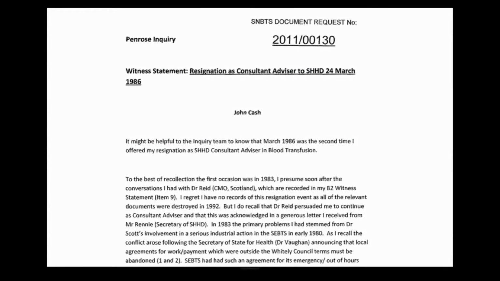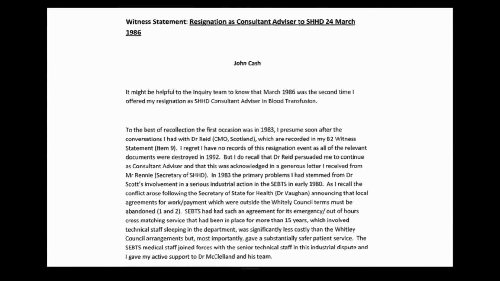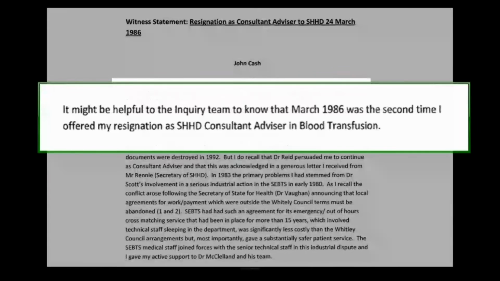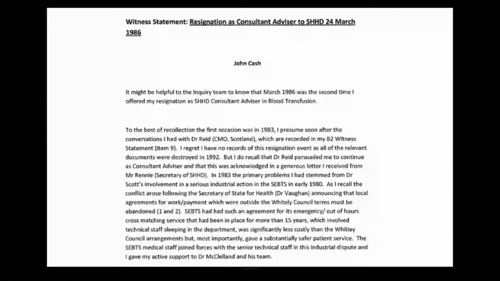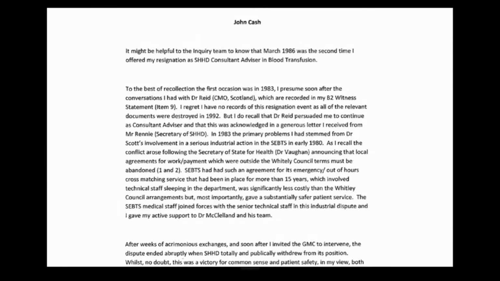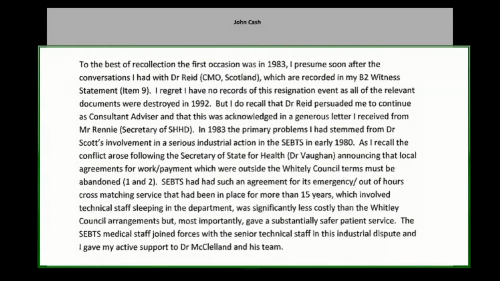And again, the purpose of looking at this is really because of what it reveals about the wider relationships, wider tensions. He says it might be helpful to the inquiry team, that's the Penrose inquiry, to know that March 1986 was the second time I offered my resignation as SHHD consultant advisor in blood transfusion. And then he details in the next paragraph the first occasion, which was in 1983.